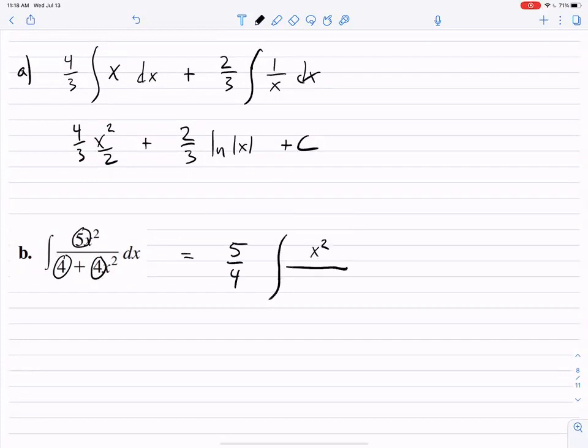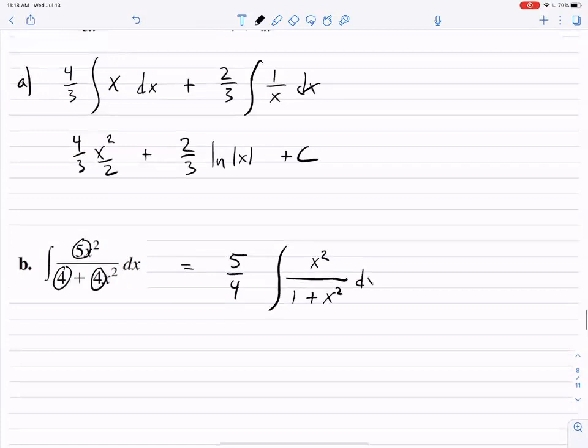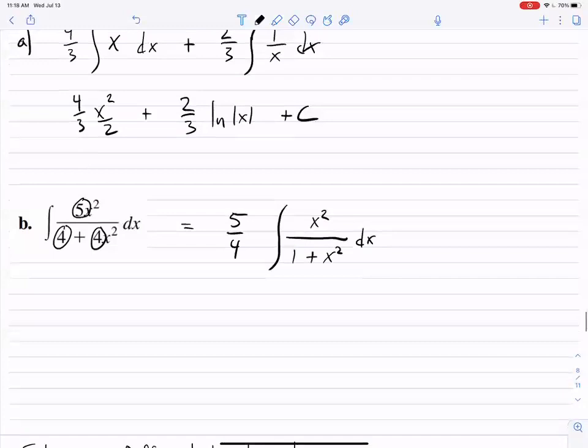So this is x squared over 1 plus x squared, which almost looks like it's inverse tangent, but there's this x squared on top. And so what we're going to do is this clever trick. We're going to add 1 and subtract 1. So this is going to equal 5/4 integral, it will be x squared plus 1 minus 1.